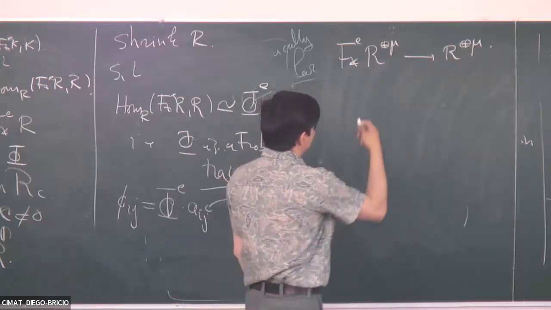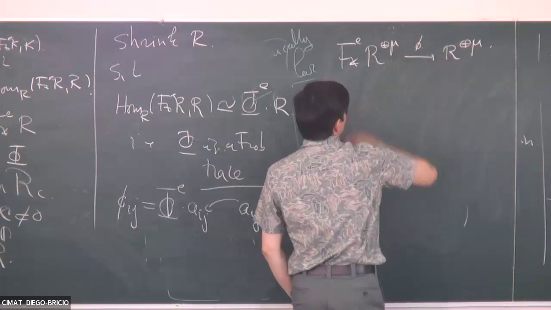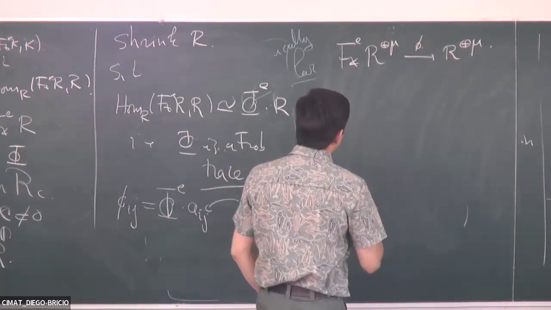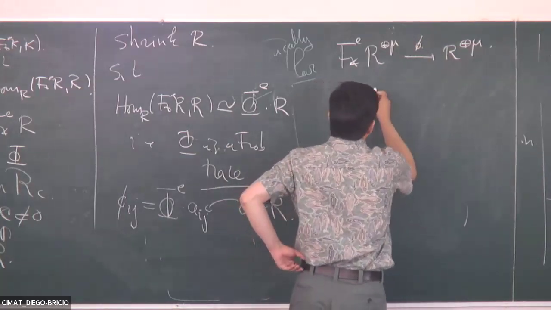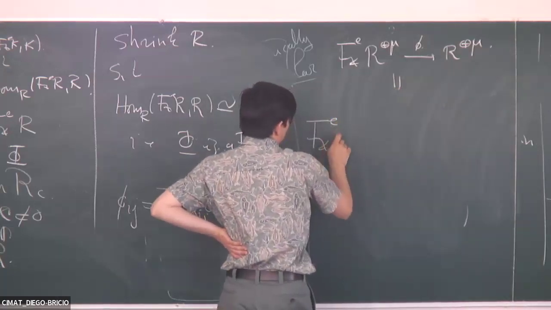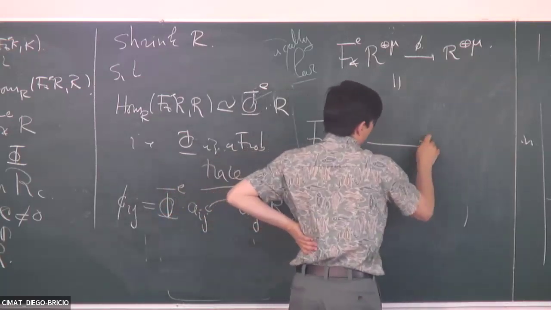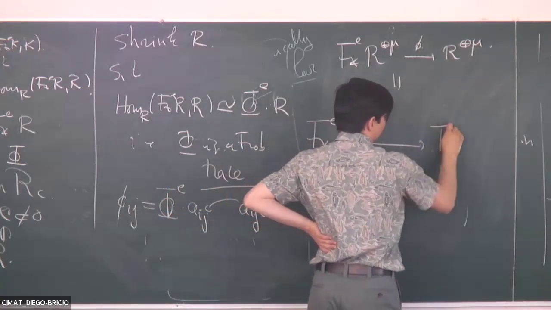I claim that the Cartier structure we started with, that we call phi, I think, is now given by the following. This is going to be equal to this composition.